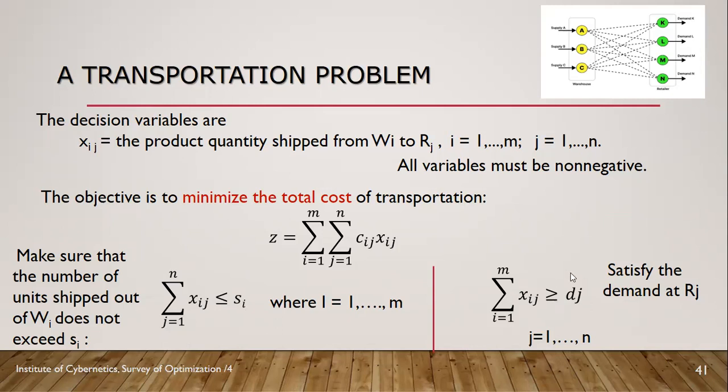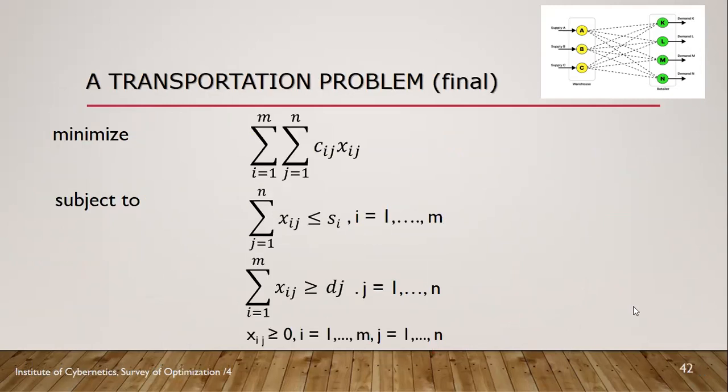And the demand needs to be satisfied at every location, so the sum of the shipped product quantity cannot be lower than the required demand, which is D sub j. So the final LP formulation of the transportation problem is presented on this slide.